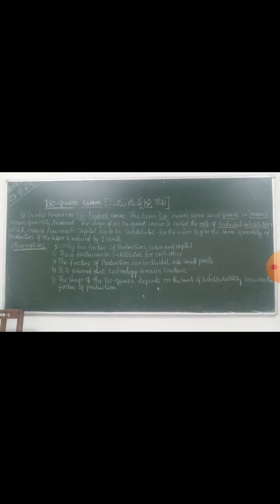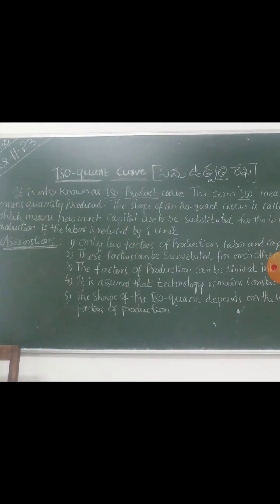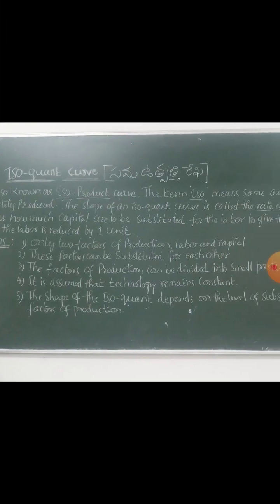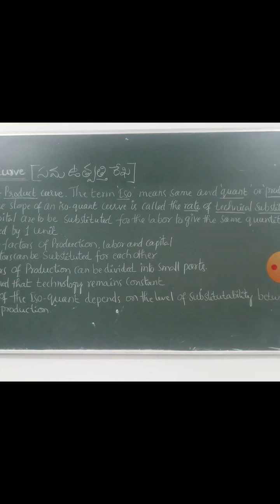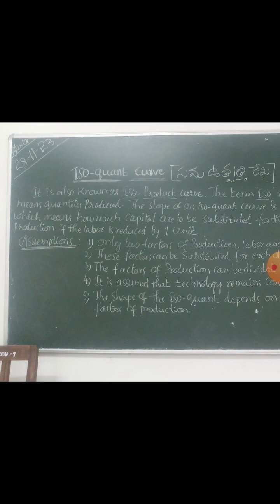First, we should know that the iso-quant curve is also known as the iso-product curve, equal product curve, and product indifference curve. The term iso means the same, and quant means quantity produced.